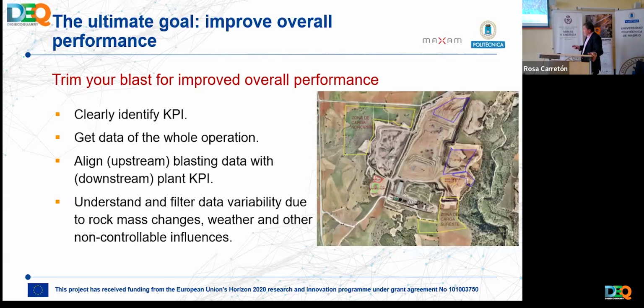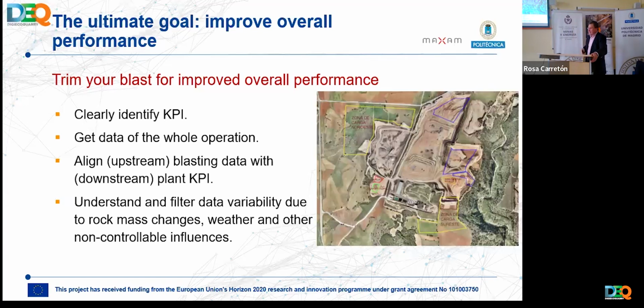Of course, understand what you do, and normally, of course, any miner or any quarry owner will do that. This has to be done. Understand and filter data variability due to rock mass changes. Sometimes you think that you are blasting differently, and you think, well, what's happening here? Is it the explosive? Was it the drill?